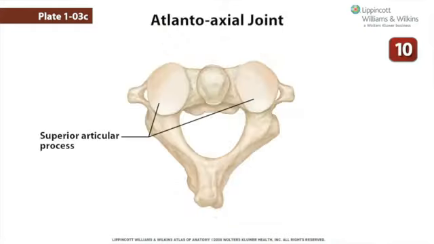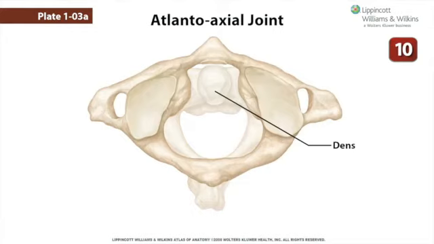The atlantoaxial joints between the superior and inferior articular processes and between the dens and the arch of the atlas together allow the head to rotate from right to left. The skull and atlas rotate from right to left as a single unit on the axis.